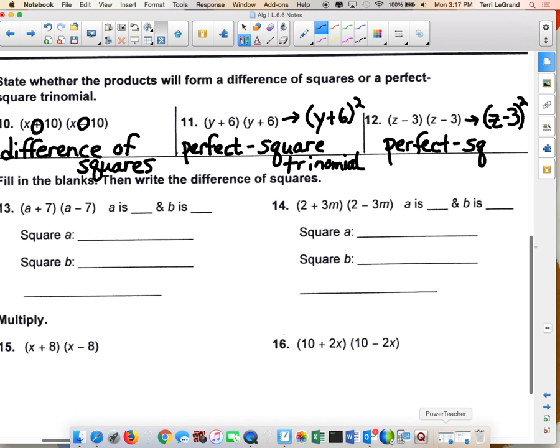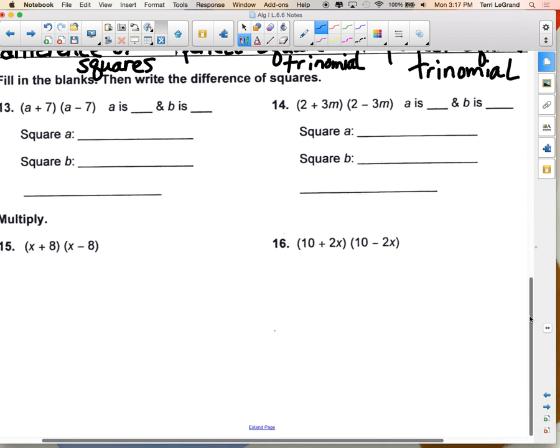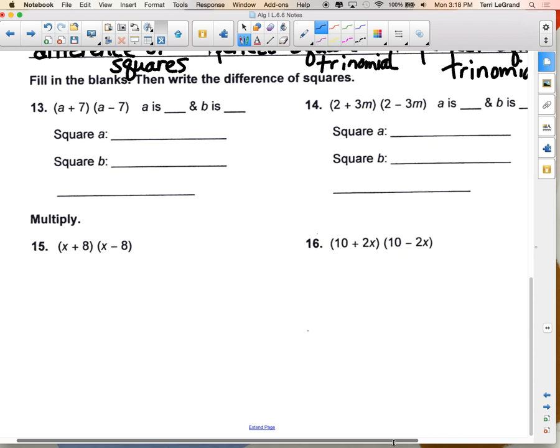So the first thing we have to do is we have to be able to recognize what kind of special product we have. But we also have to remember, this always scares me. Once I introduce this, then we start thinking we can do it for any multiplication of binomials we want. This is only special cases, isn't it? Okay? So let's look at number 13. Would 13 result in a perfect square trinomial or a difference of squares?